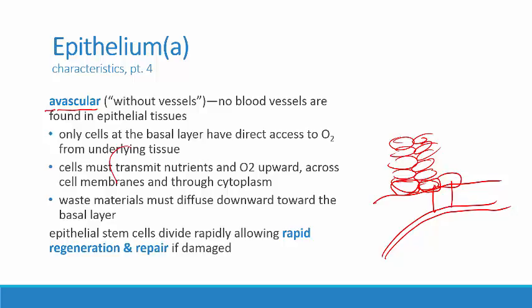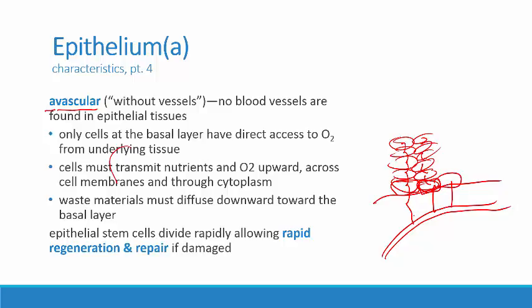And so these basal cells have to pass oxygen and nutrients up to the cells above if they're going to continue to live. And on the opposite, if the upper cells make waste materials like carbon dioxide or some other waste, we'd have to diffuse it downward to get it back into the blood to be carried off to the heart again.